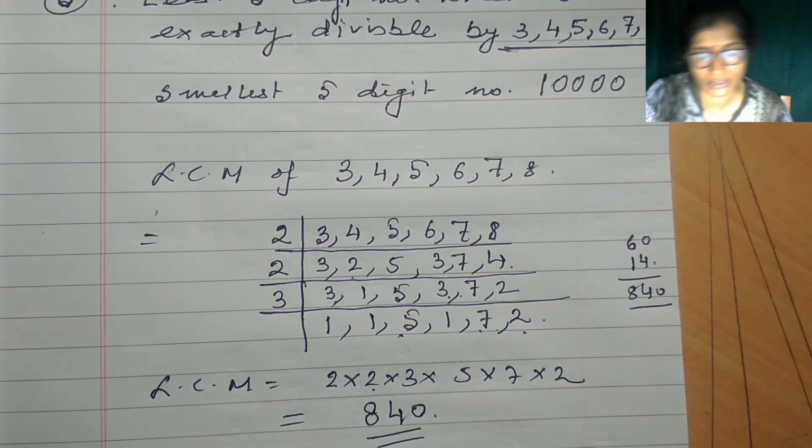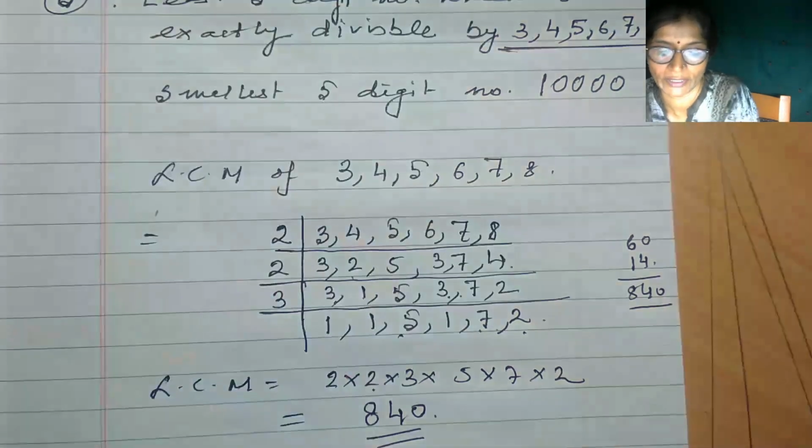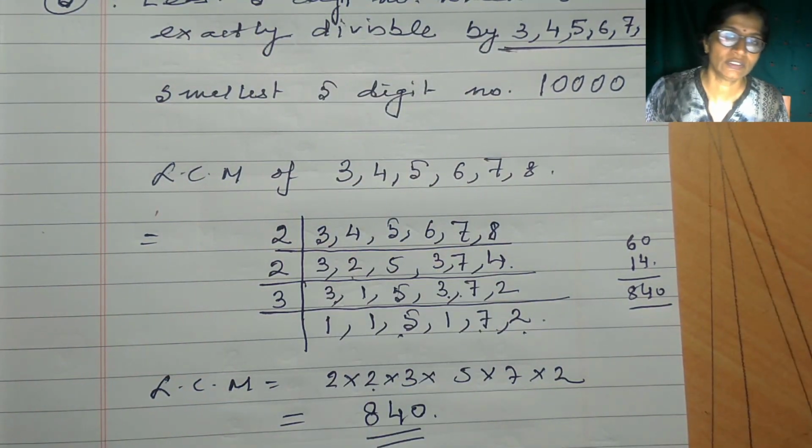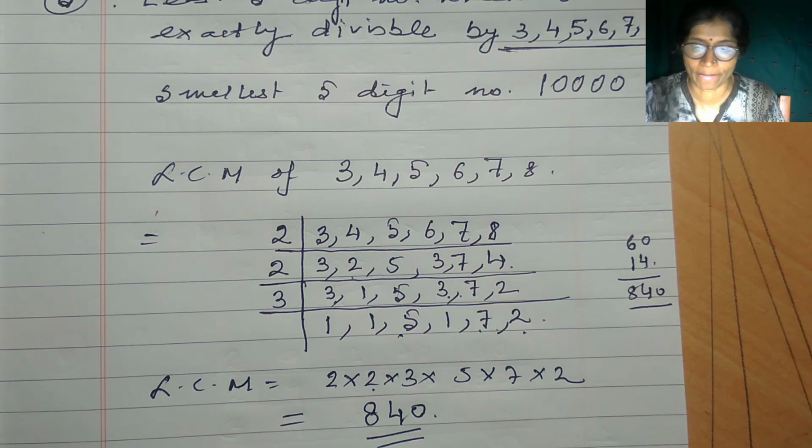So 840 is the LCM of these numbers, and 840 is divisible by this, this. One thing I want to tell you: if 12 is divisible by 3, then whatever the multiples of 12 are, they will also be divisible by 3.